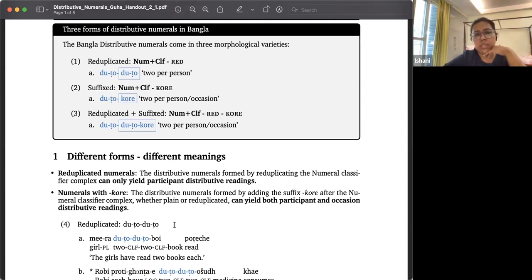Even personally, I feel that I hardly use the reduplicated numerals as distributive numerals. It's not a strategy I use.